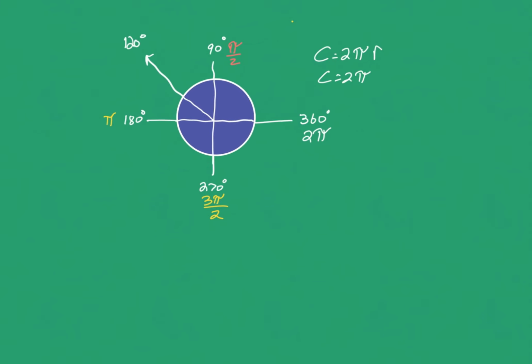So the first thing we need to be able to do is convert from radians to degrees. Actually, we're going to go the other way, degrees to radians, because we know what degrees is. So if I know something is 120 degrees, and I want to know how many radians it is, we need to have a conversion for that.